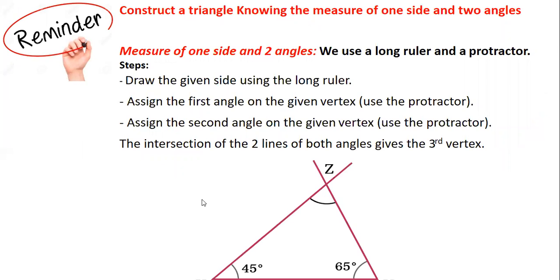Now, I want to remind you of one of the constructions of triangles that we studied together. How can we construct a triangle knowing the measure of one side and two angles? Again, we have steps. Here, to draw such a triangle, we use a long ruler and a protractor.